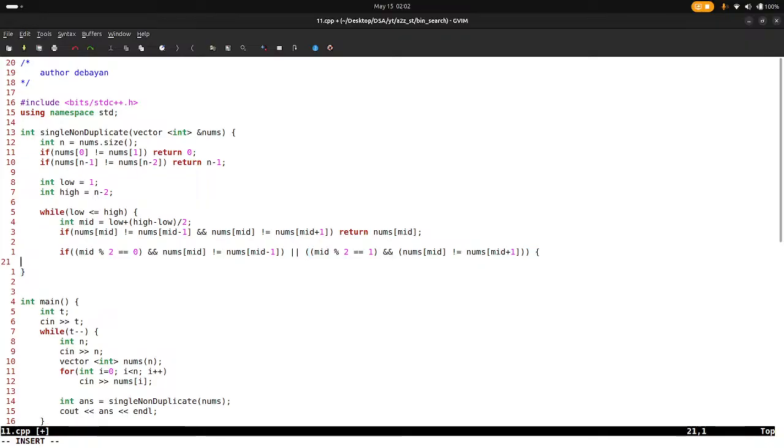If this is true, I will trim the left part. So trim the left.